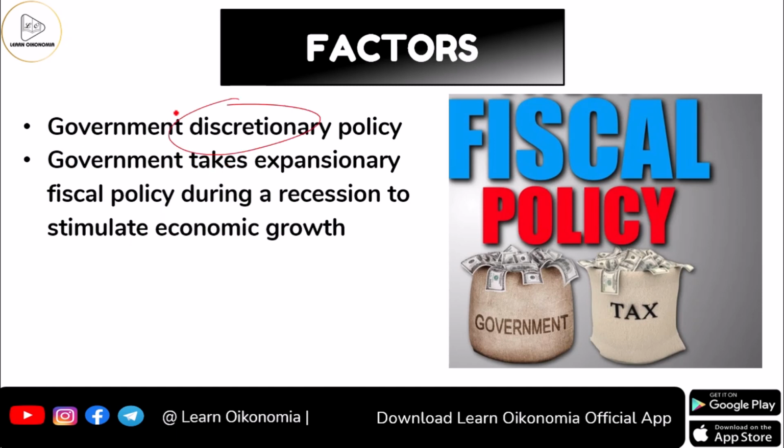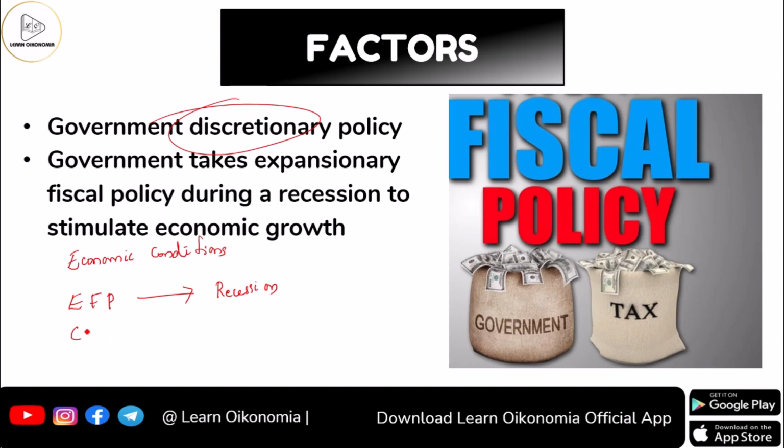The government would be mostly taking a discretionary stand, and that will be based on the prevailing economic conditions. The government will try to see the economic scenario, and it will go for an expansionary fiscal policy during the times of recession, so as to promote the economy or to revive the economy.